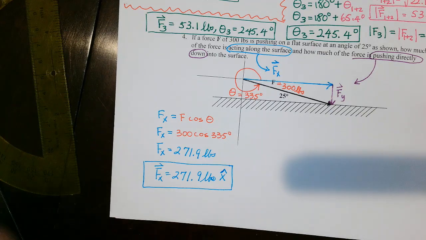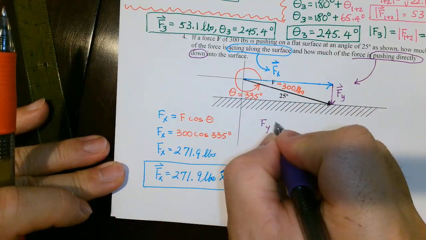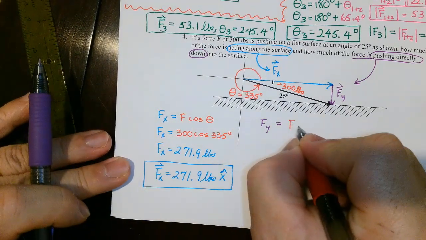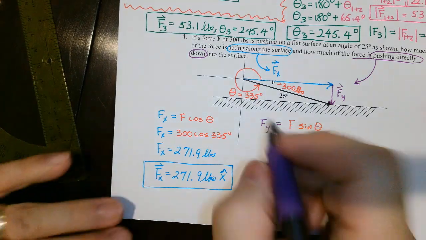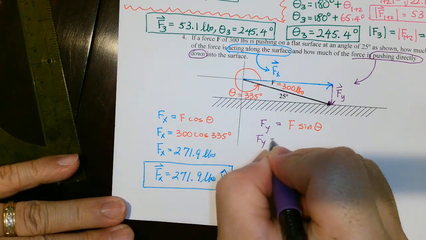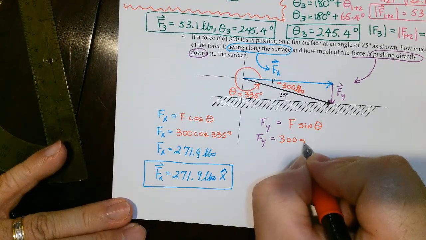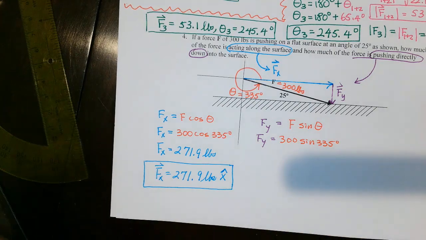Similarly, to find Fy, Fy is equal to F times sine of theta. Therefore, your Fy is equal to 300 times sine of 335 degrees.